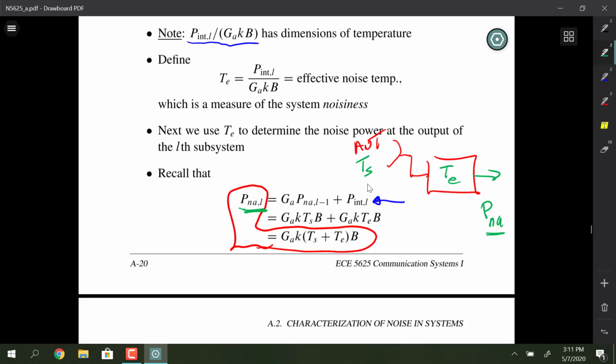We'll have some free space path loss. And then we'll have antenna gains on the transmitter and the receiver. And then we'll know what the gain is. If we know what the gain is down here, G sub A, then we'll be able to get the signal power at the output too, due to the received signal power at the antenna through the gains and so on, then the gain through the electronics front end, and then we'll be able to get the signal power, and then we can look at signal to noise ratios at that point, because we'll have both quantities of interest, how much noise power is present and how much signal power is present.